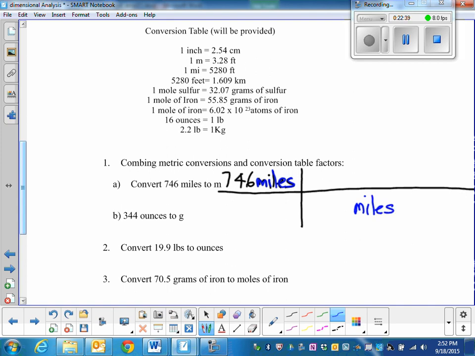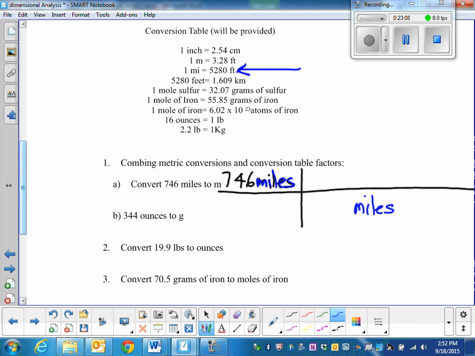So, this table does not have a miles to meter conversion factor, if you notice. It has a miles, and this is the only one with miles. Do you notice that? This is the only one given, and it only gives a conversion factor between what? Miles and feet. It does not give meters. I don't panic. That's okay.